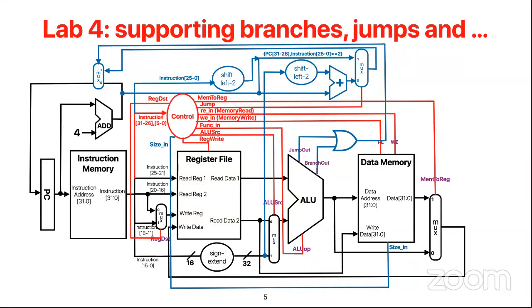And then for the other input, please pay special attention to this one, because I don't think the document or the textbook makes it crystal clear. If you check the jump instruction in the MIPS instruction set architecture, the target address of a jump uses the top 4 bits of the current PC plus the immediate field, or say the last 26 bits in the jump instruction shifted left by 2.